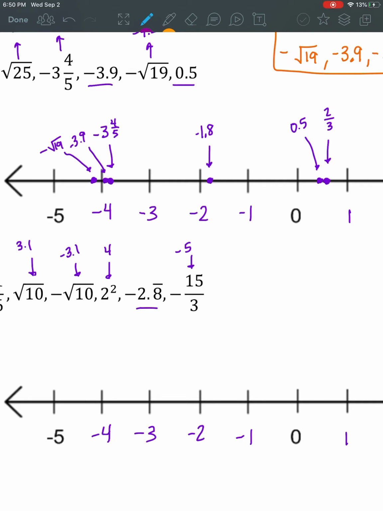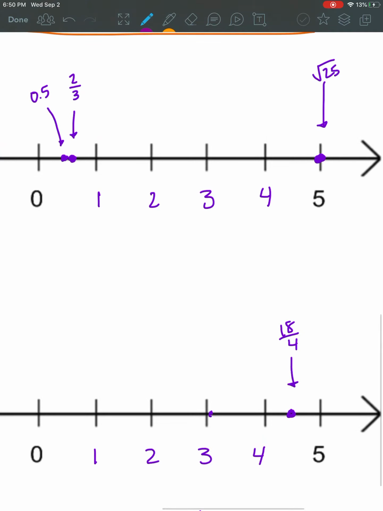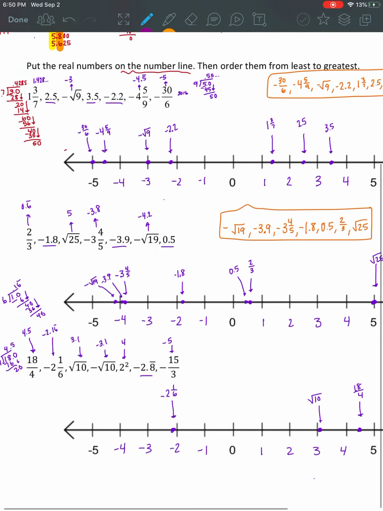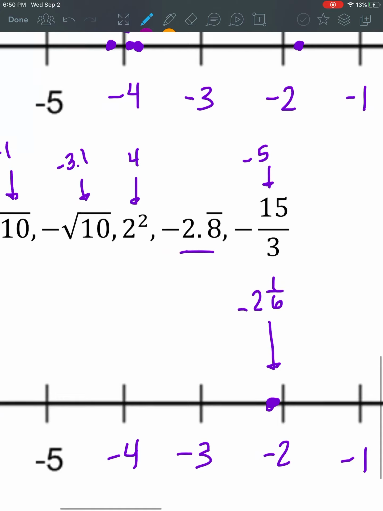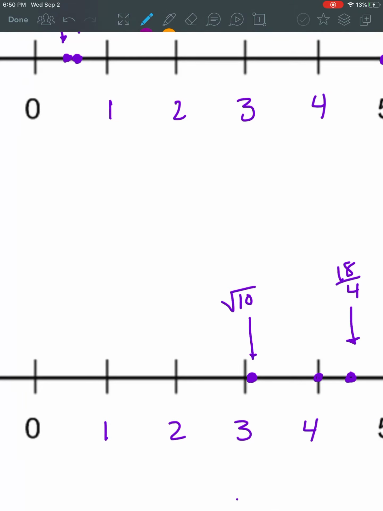So negative 2.1 needs to go in between negative 2 and negative 3, but it's going to be closer to negative 2. So that is negative 2 1/6. Square root of 10 we estimated to be about 3.1. And then the negative square root of 10, same thing. Make sure you go on to the left side of negative 3, because it's got to go in between negative 3 and negative 4. So negative 3.1, or negative square root of 10.